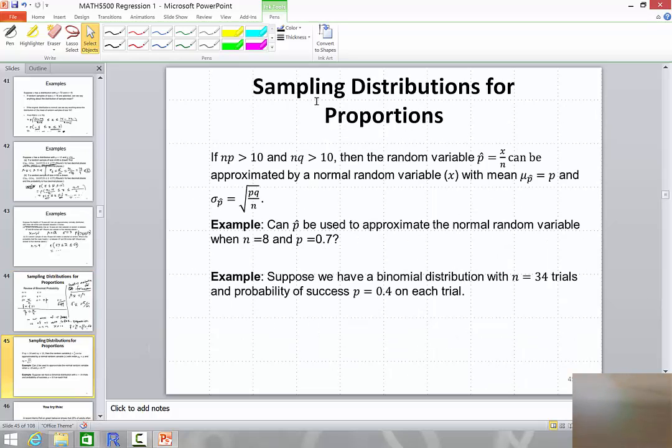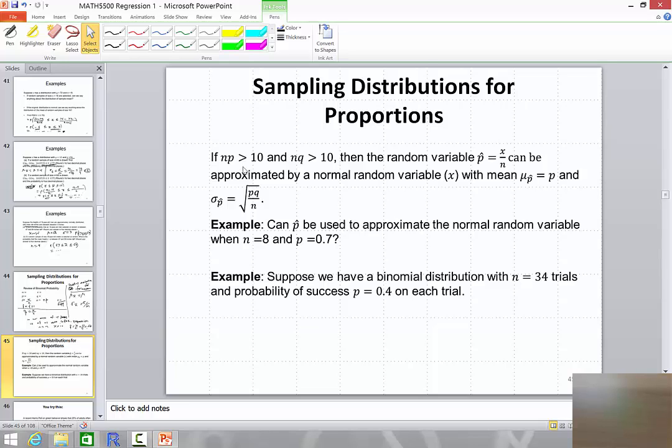All right, now we'll start the sampling distribution for proportion. I explained earlier p hat is equal to x divided by n. But before you use the sampling distribution for a proportion, you need to check a condition. The condition is n times p should be greater than 10, and n times q should be greater than 10. If these two conditions hold, then p hat can be approximated by a normal random variable.